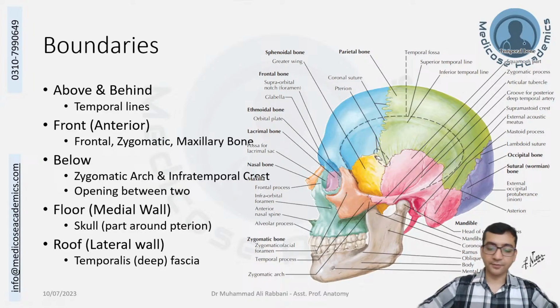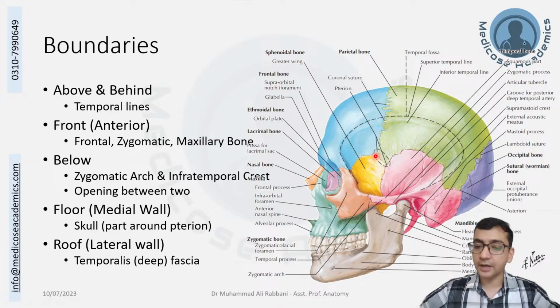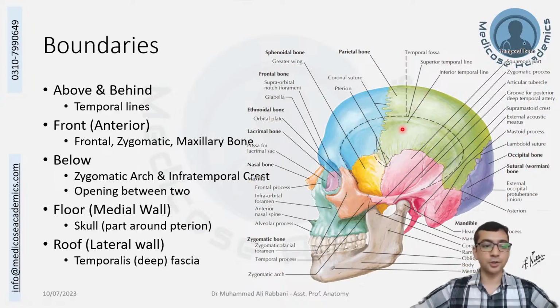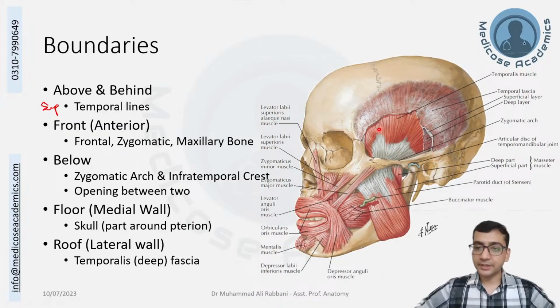Breakage of this part will lead to damage of the middle meningeal artery and epidural hematoma, and it can lead to compression of the precentral gyrus, the motor area, because the sylvian point, the point where the lateral sulcus joins the central sulcus, is just beneath this pterion. This is about the floor, and the roof will be this fascia, the temporalis fascia, the deep fascia.